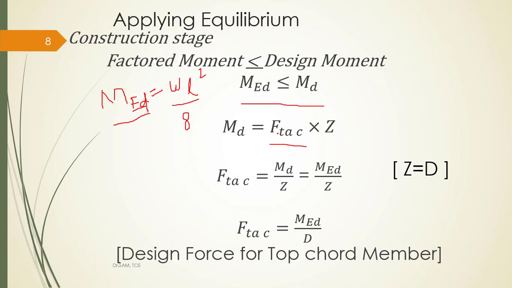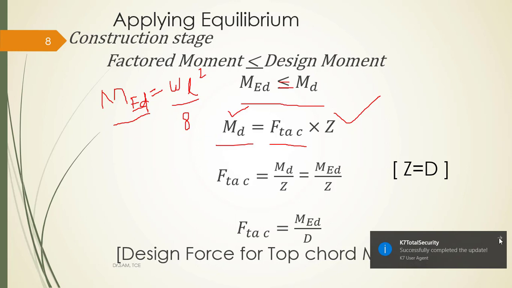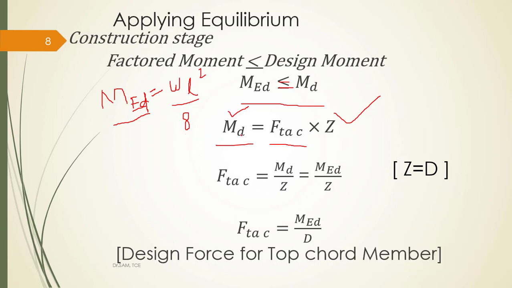So I'll take it like this. If I know the lever arm, and if I know the target moment to be designed, here for equilibrium we will make these two equal. So I could say MED will be equal to the force into Z. Here I know the moment coming on the truss as well as the lever arm.